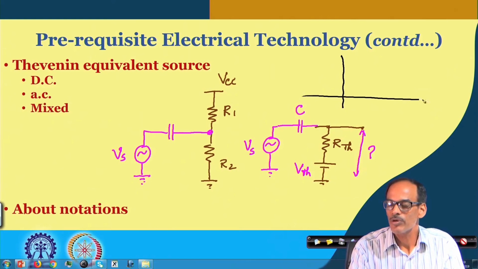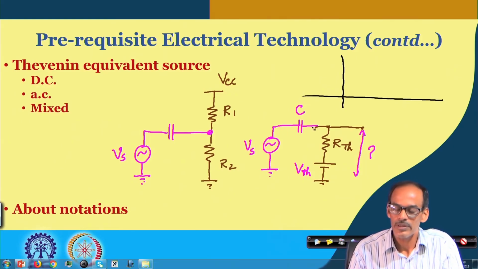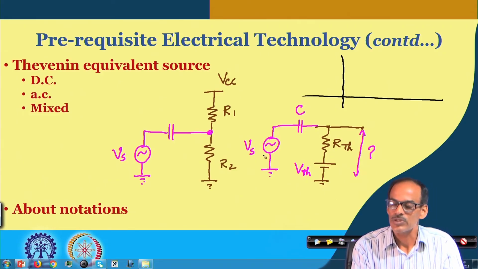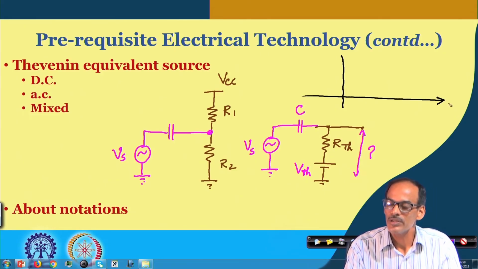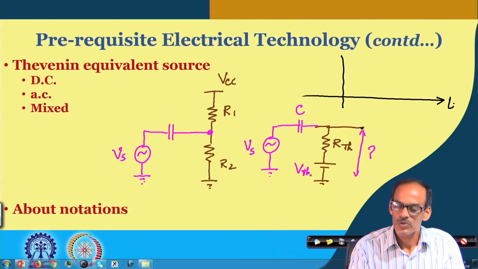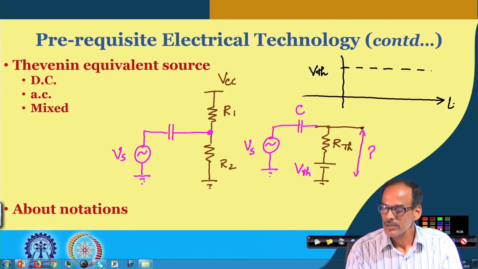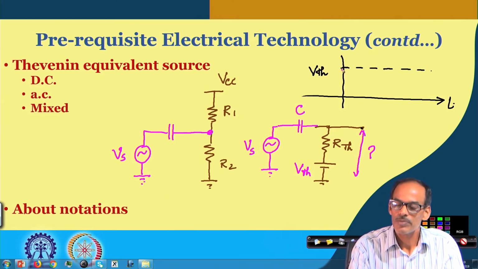Now, let us try to see what may be the situation at this point. Whenever you are talking about a signal and we are feeding the signal through a capacitor, we are assuming this is changing with time. So, let us plot the voltage coming at this node with respect to time. This VTH defines the DC voltage level. On top of that, this signal is getting almost superimposed.